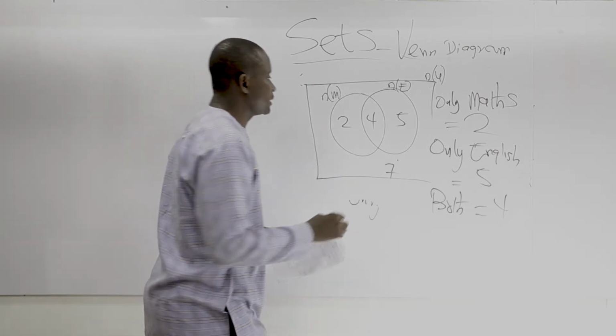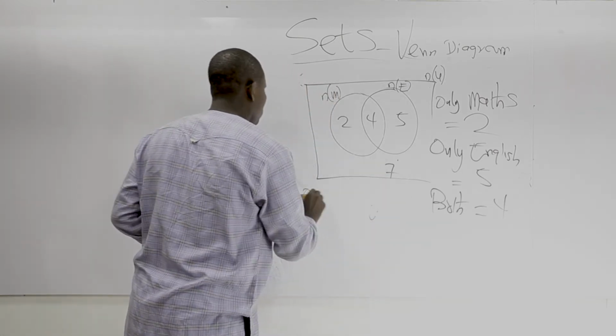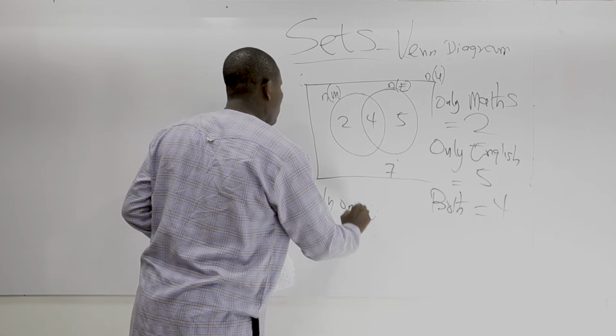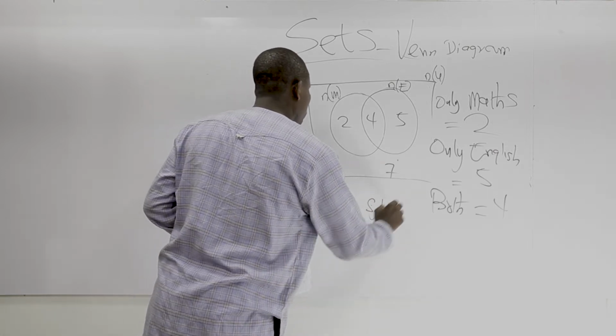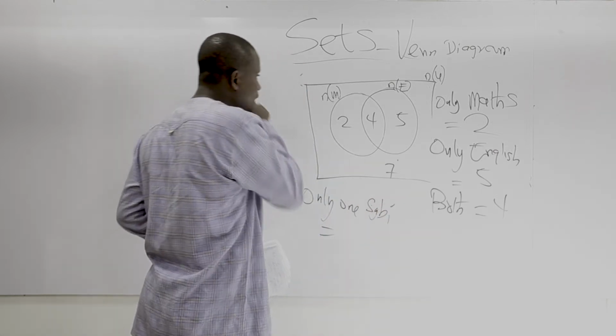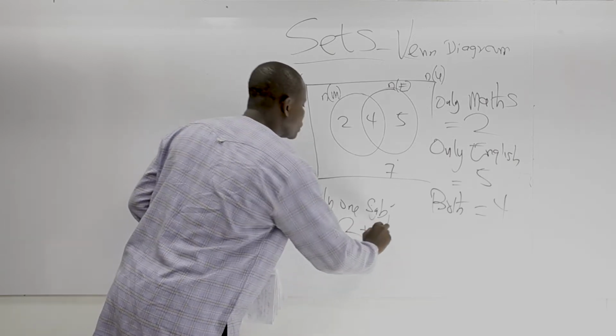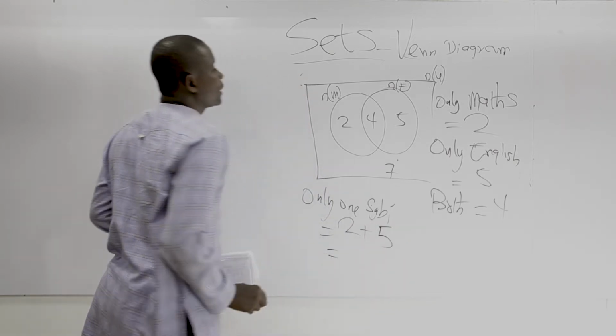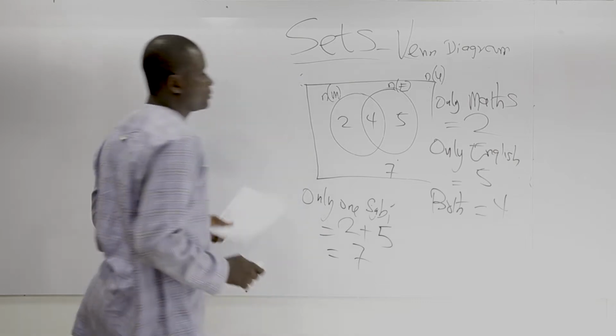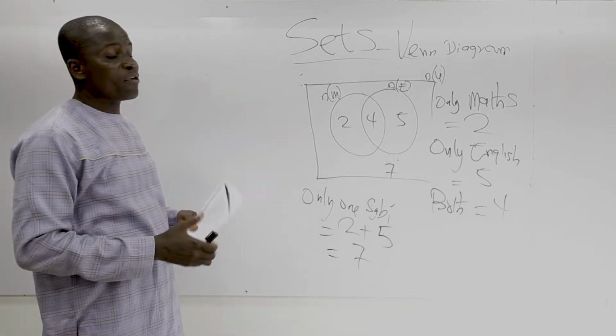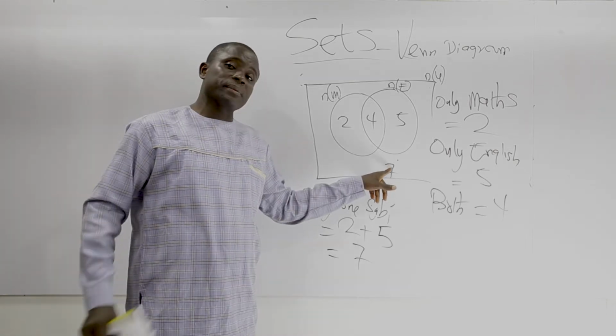Then only one subject. Only one subject will be what? People who offer only mathematics, which is 2, plus only English, which is 5. So we're going to get 7. How many people offer none of the subjects? It's 7.